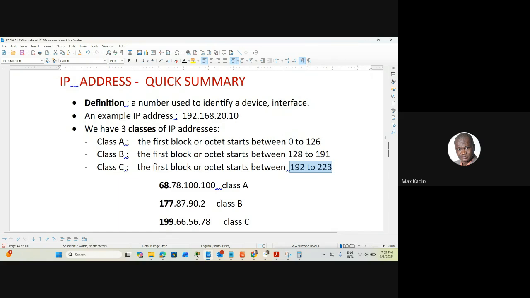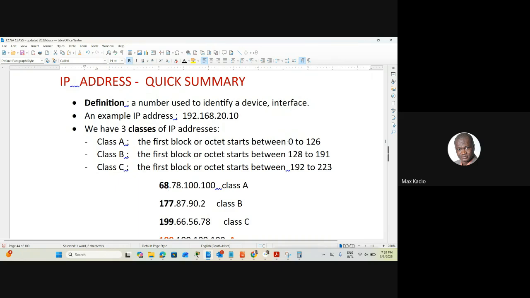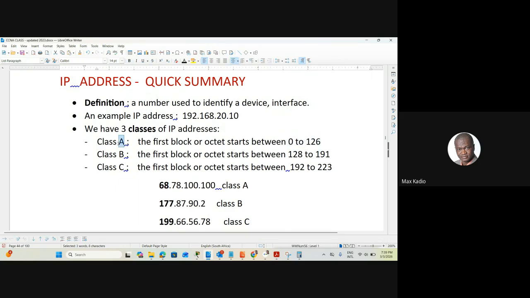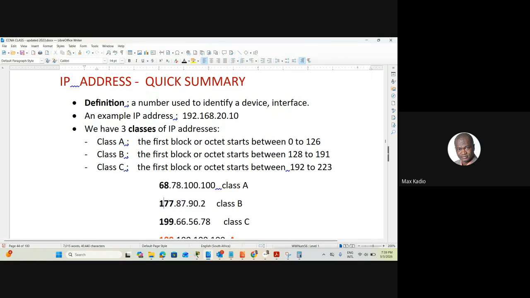So how to identify a class? You always check the first block. You can see it falls in this range, so it's a class A IP address. If we take this IP, you check the first block. It falls in which range?